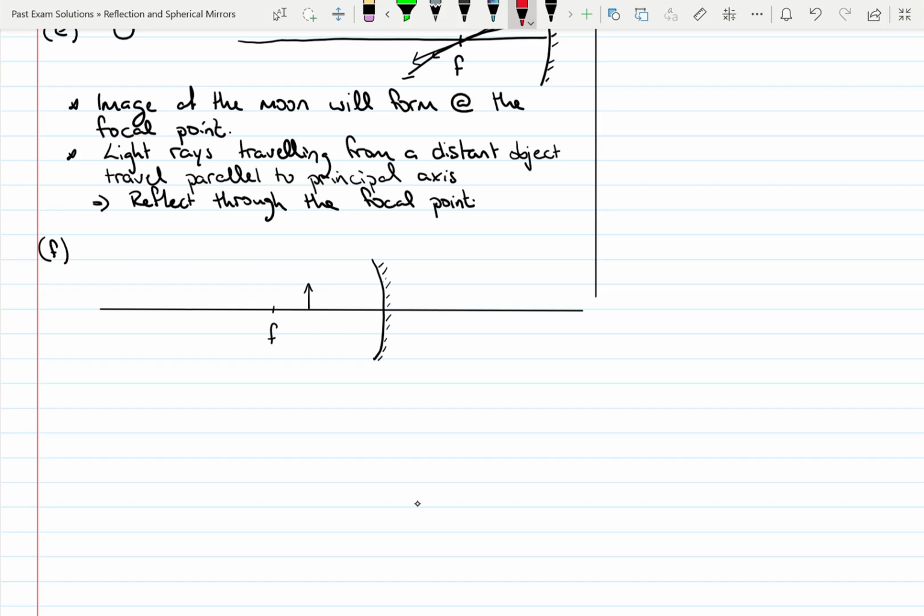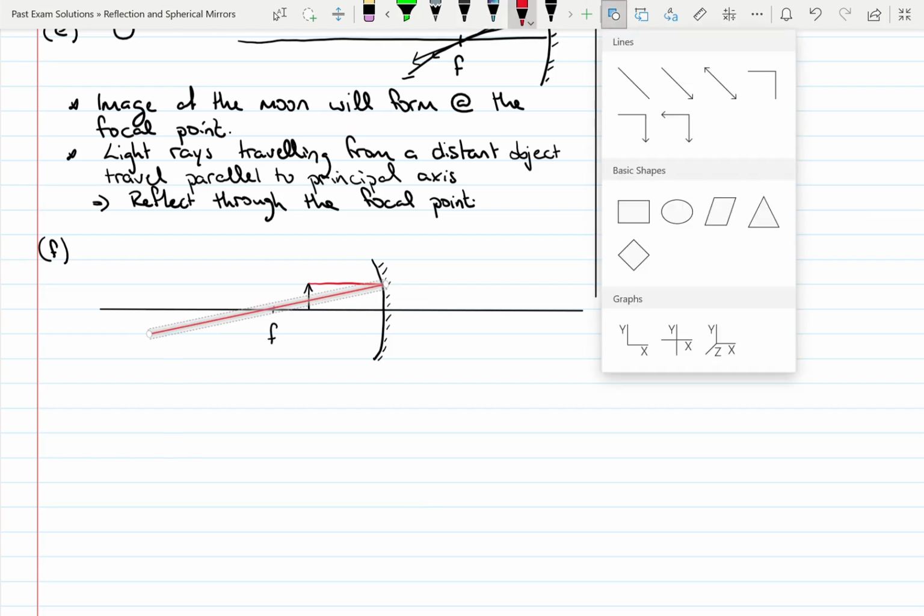Okay, the first one is in parallel to the principal axis and out through the focal point, like so. Okay, that's our first line drawn.